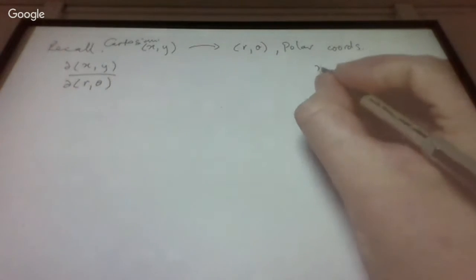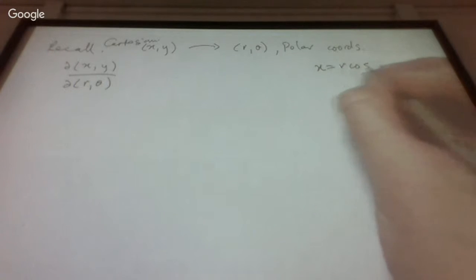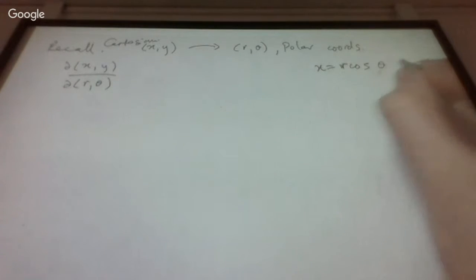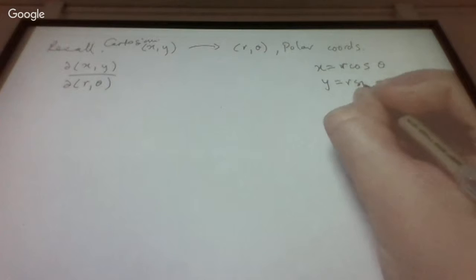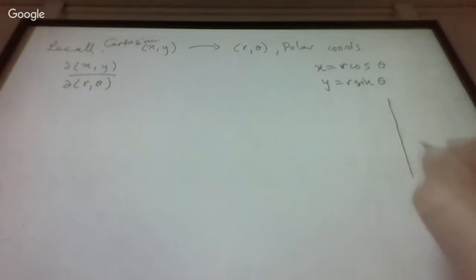The relationship between these two coordinate systems is, of course, x is r cosine theta and y is r sine theta. Here's a point with coordinates x, y, but r is the length of the hypotenuse, and theta is this angle here. So x and y are related to r and theta through these cosine and sine functions.